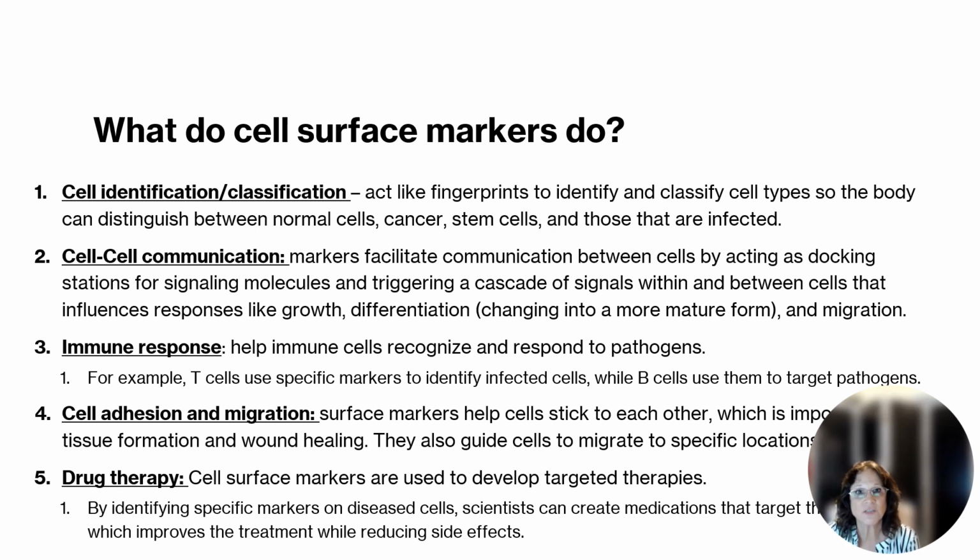The surface markers help the cells stick to each other, which we need, again, for tissue formation and wound healing, and to migrate cells to specific locations. And they're also important for drug therapy. Cell surface markers are used to develop certain kinds of medications. By identifying the marker on a diseased cell, scientists can actually create medications that target that specific cell.